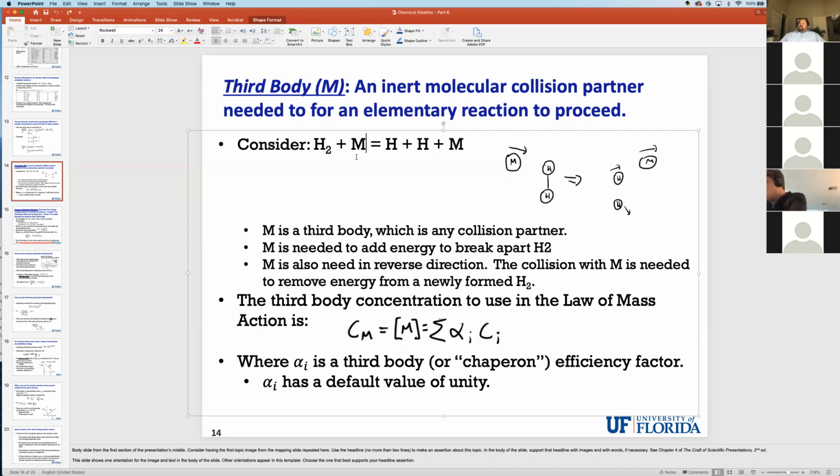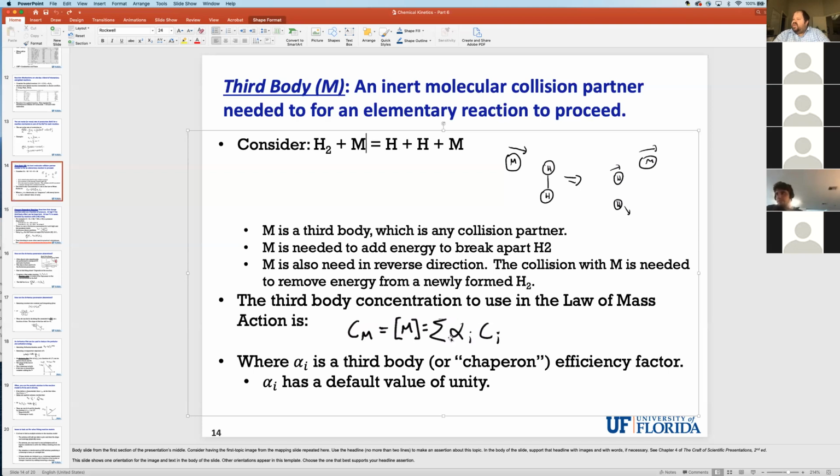Okay, and so for the third body concentration, you can use the law of mass action, and so the rate of production would be Kf times the concentration of H2 times the concentration of all the third bodies. And so the concentration to use in the law of mass action for the third body, C_M or M in square brackets, is the sum of alpha_i times the concentration of all the species.